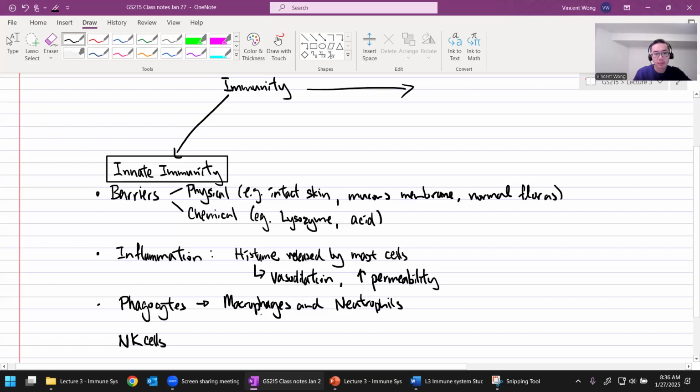Remember the macrophages can secrete colony stimulating factors to increase WBC production at the bone marrow.